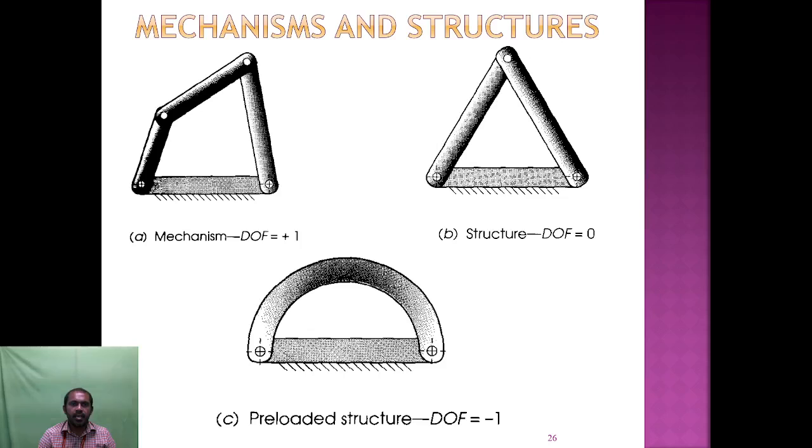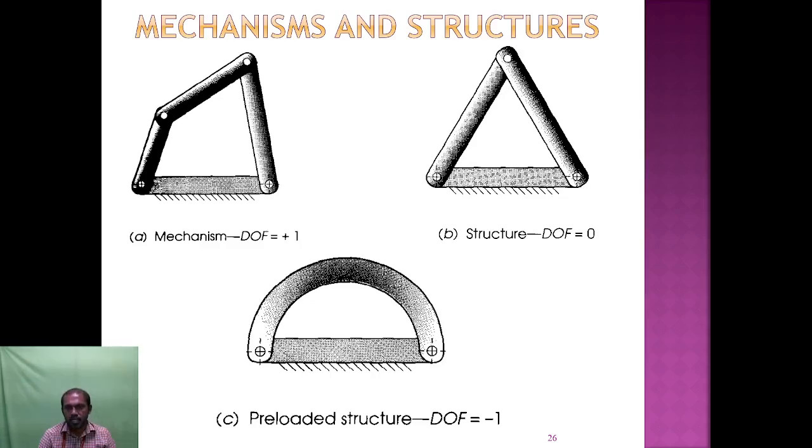Link 3 is an oscillating translation, and link 4 is oscillating. So here the degree of freedom is only for one direction, only one curvilinear motion. So the degree of freedom is 1.